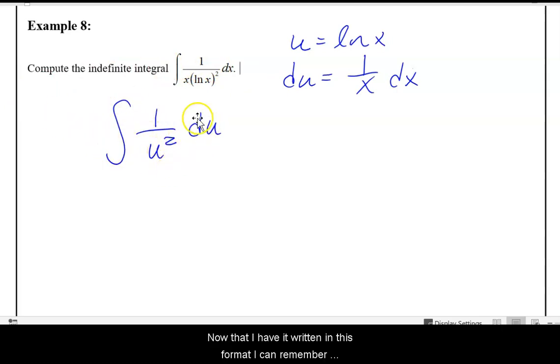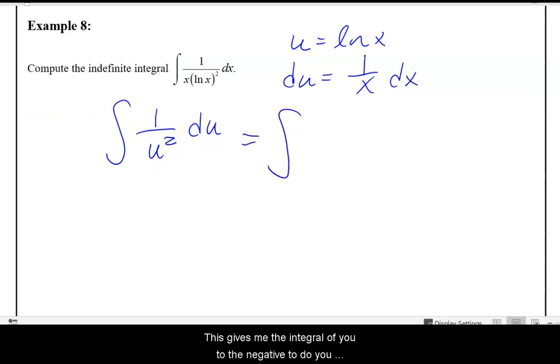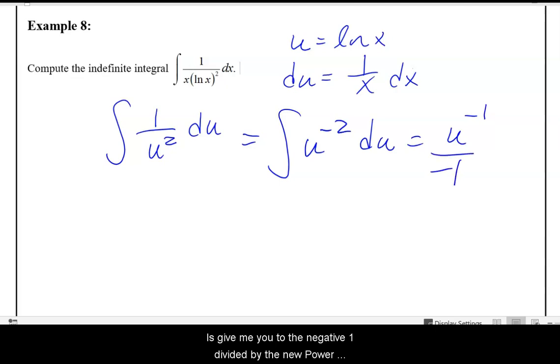Now that I have it written in this format, I can remember that a denominator power function can be lifted to the numerator by changing the sign of the exponent. This gives me the integral of u to the negative 2 du, and then I can use the power rule for integrals to evaluate. This gives me u to the negative 1 divided by the new power, negative 1, plus the constant representing the family of antiderivative functions.